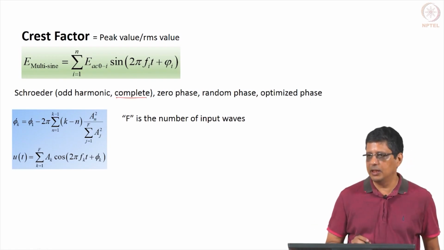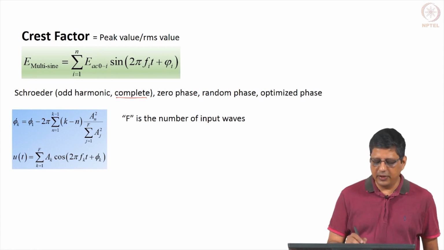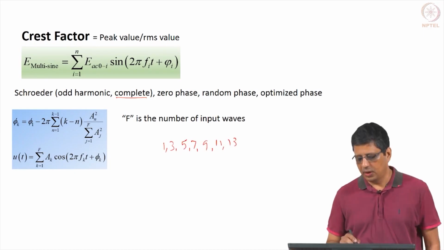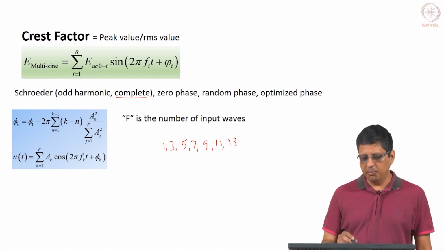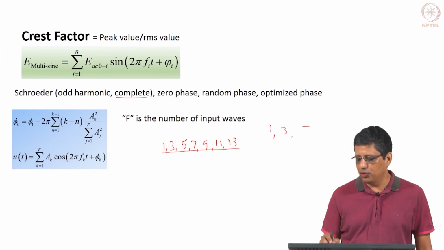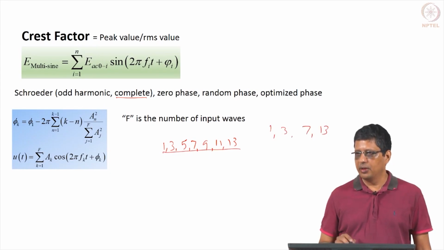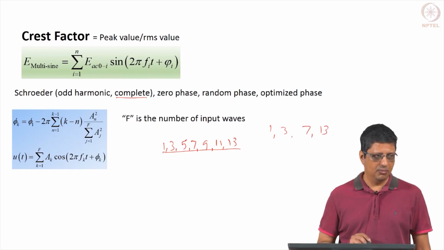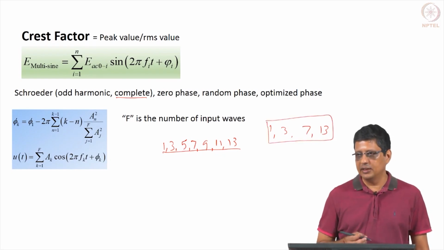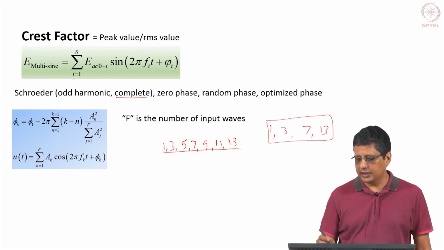This works reasonably well when you combine waves 1, 3, 5, 7, 9. When you combine waves with this odd harmonics complete set, meaning if I want to go from 1 to 13, I should take the full set. I can't just say I want only a few waves. This is odd harmonic, fine, but if I take this set, use this formula and get the phase, I may not get a good crest factor.